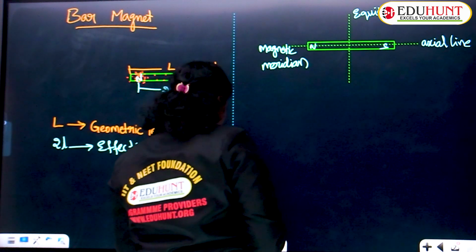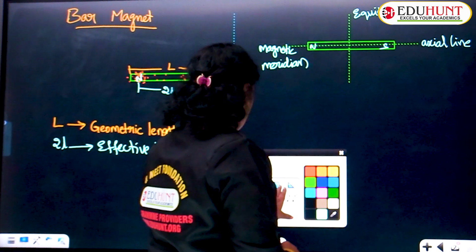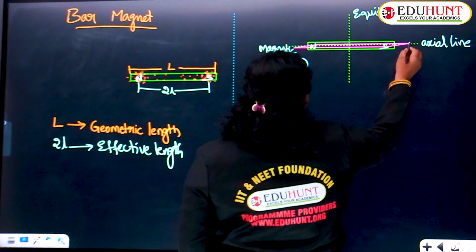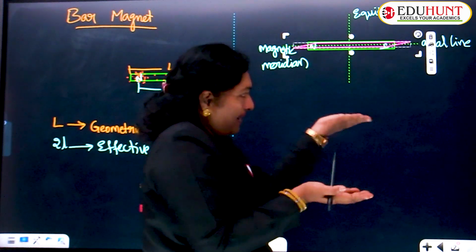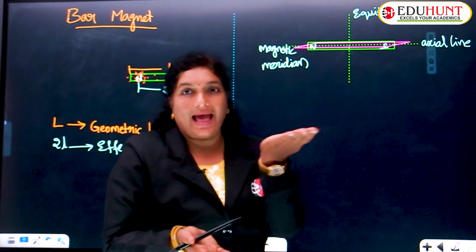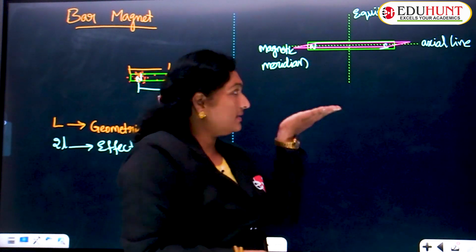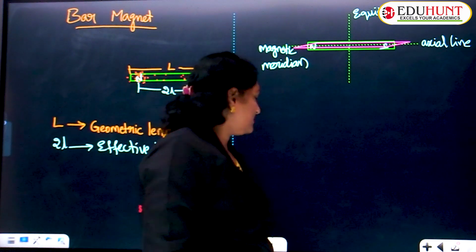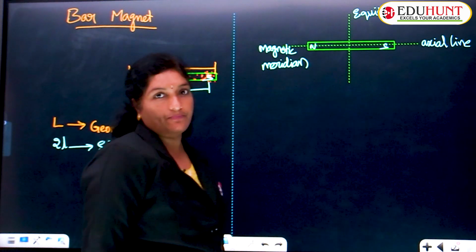A plane like structure that passes through the axial line of a bar magnet, the complete bar magnet, that plane itself is called a magnetic meridian.